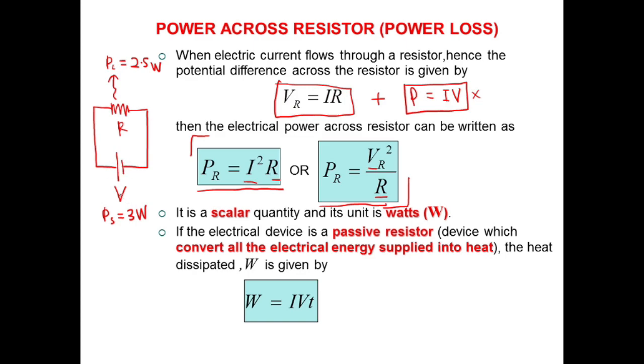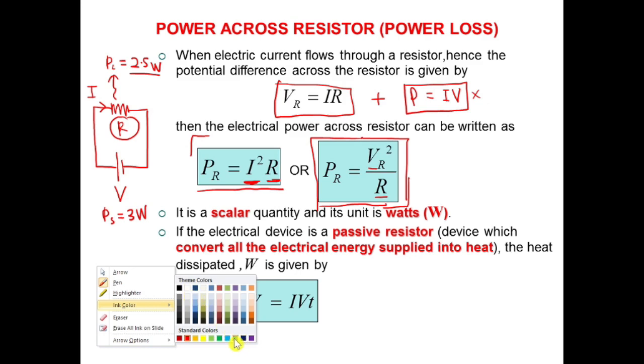Not all power is used up efficiently in this resistor, so we have to calculate specifically the power loss on that resistor, using the current on the resistor: the current squared multiplied by the resistance, or V squared over R. This is quite different from the voltage supply.